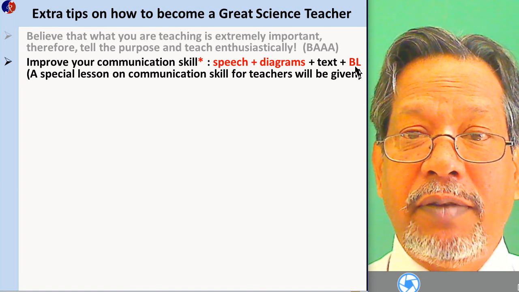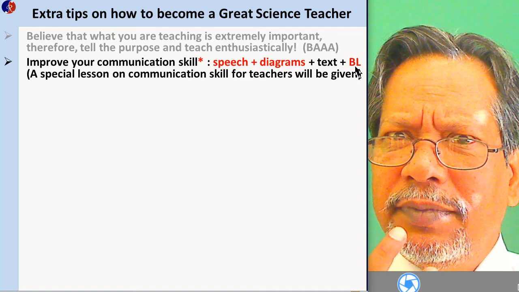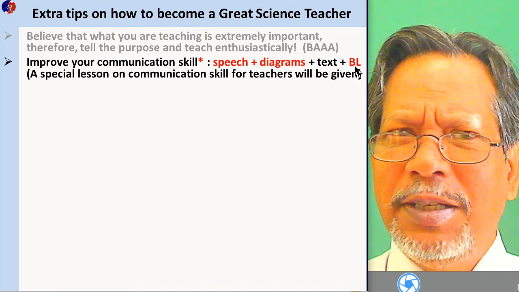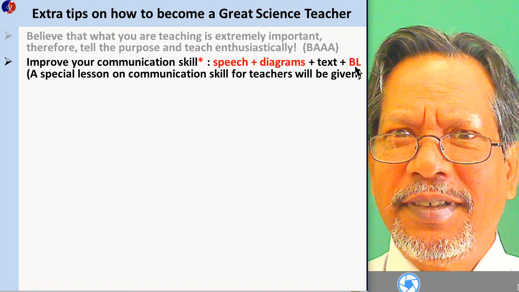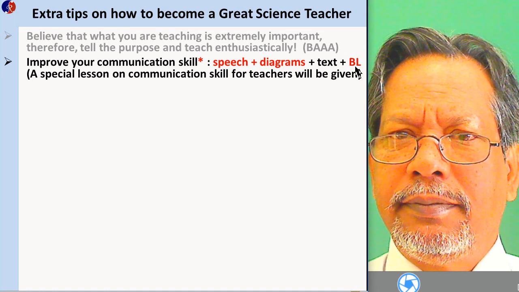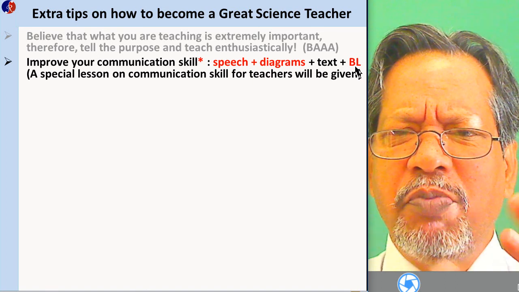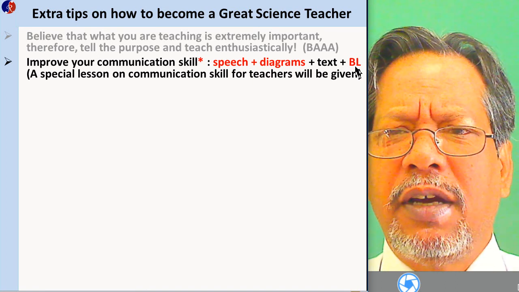Body language. BL is for body language. Gentle smile, excitement in the eyes, looking at the students. That's very important, okay? At the same time, don't get too hyper, start moving your hands too much, okay?